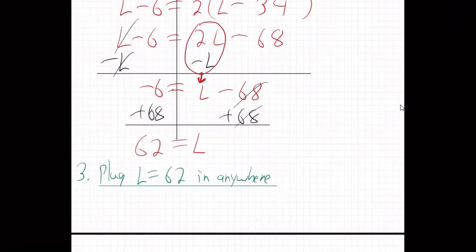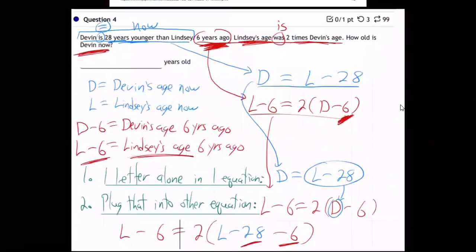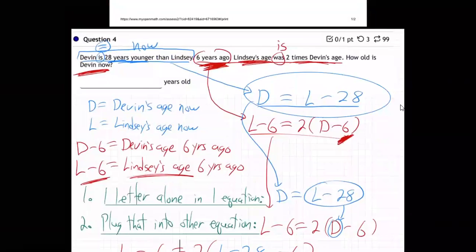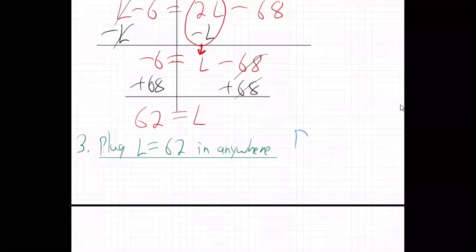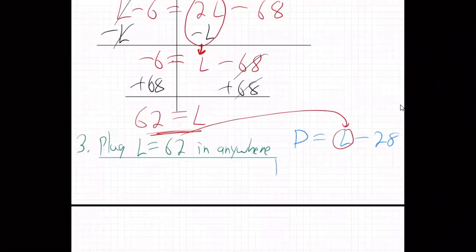So grab the easiest equation you can find. So what's the easiest equation I can find right here? D equals L minus 28. So I'll use that. D equals L minus 28. And I'm going to plug in L equals 62 right there for L. And that'll be 62 minus 28.